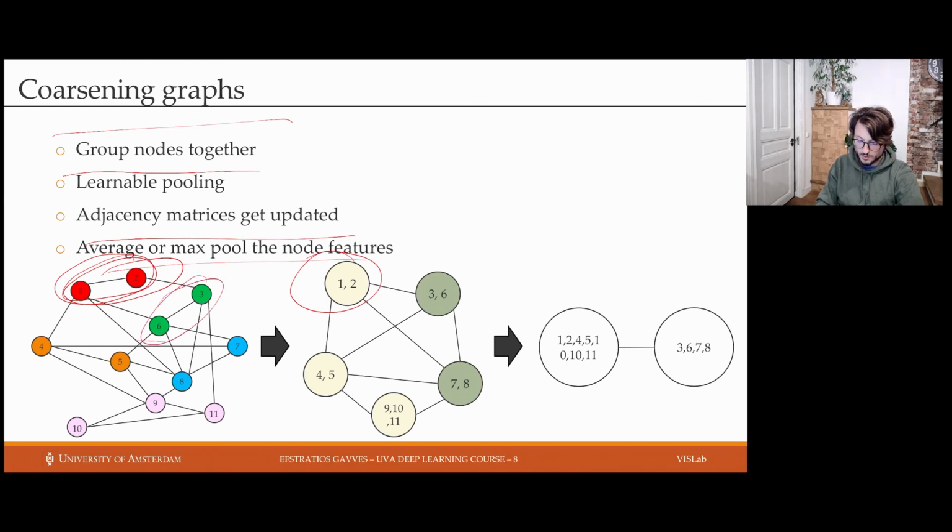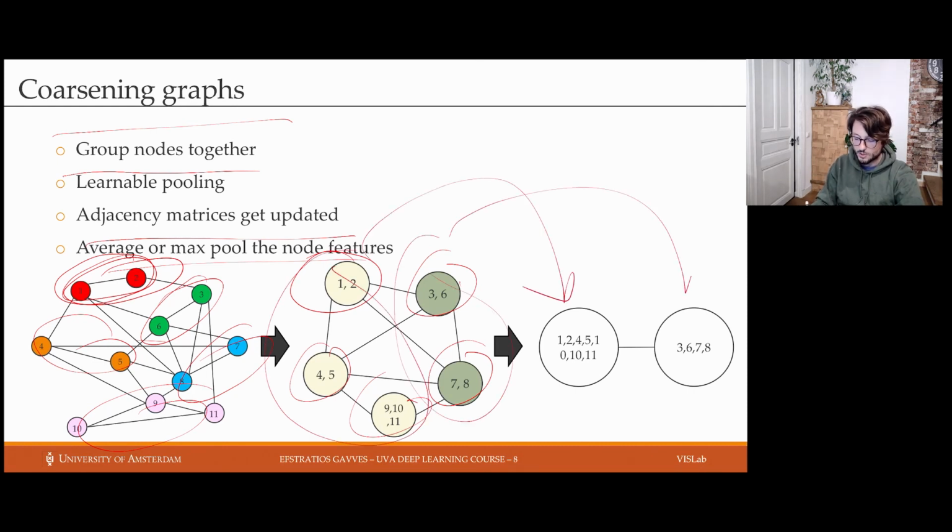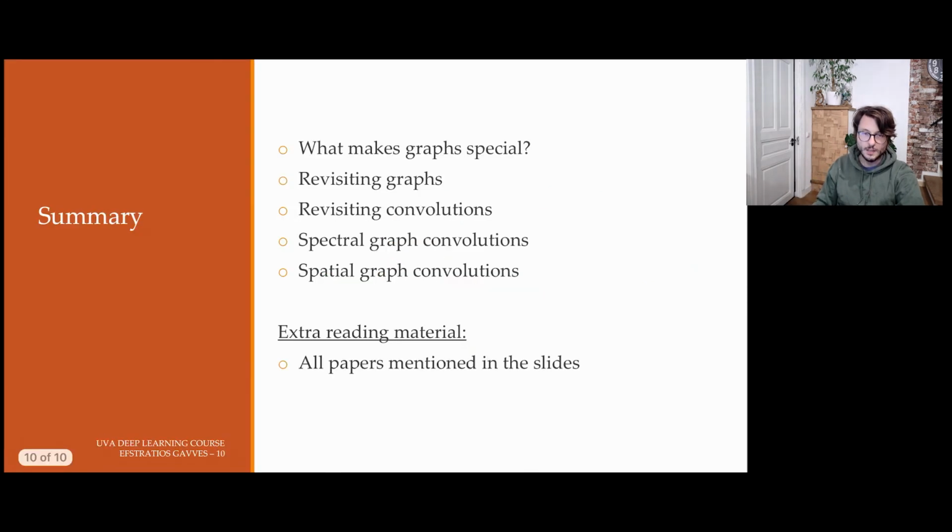The green ones become one, the blue ones become one, and so forth, right? Again, all this can be merged. And by doing this successively, we learn how to coarsen our graph. And this is it for today's lecture.